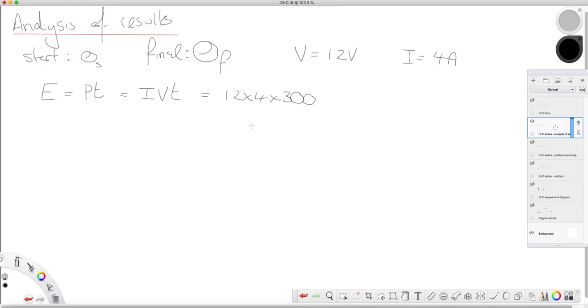So you've got 48 times 300 joules supplied, which gives you 14,400 joules.